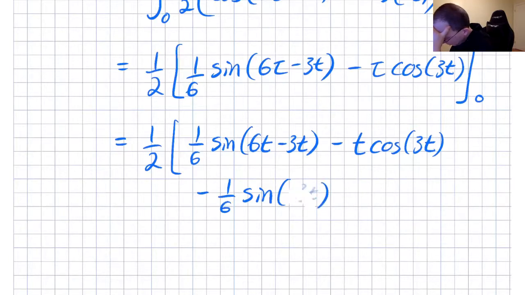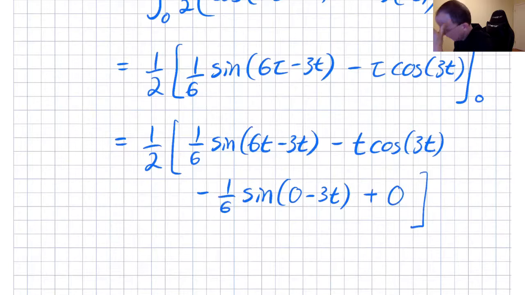I'll write 0 minus 3t because we need to simplify this anyway. And then plus 0. When we plug 0 into tau, we get 0 times cosine 3t, so that's 0.